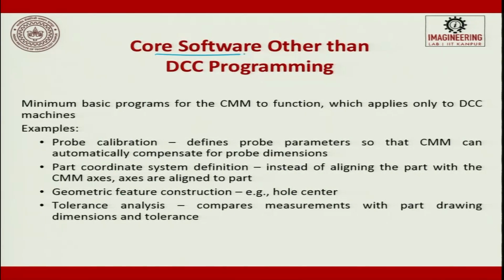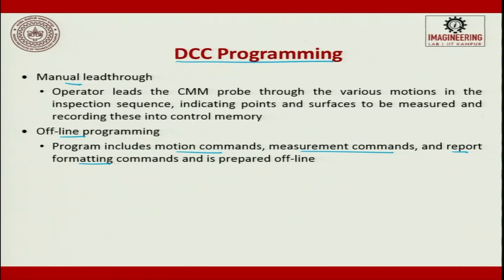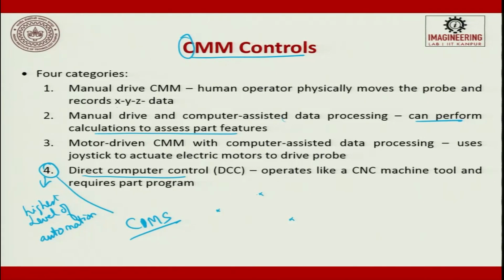The core software other than DCC programming is the minimum basic program for the CMM to function, which applies only to DCC machines. What are DCC machines? Let us go back and see what a DCC is. DCC is nothing but direct computer control machines.